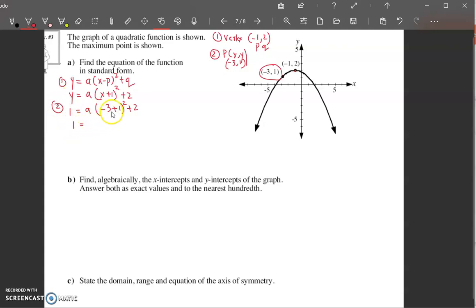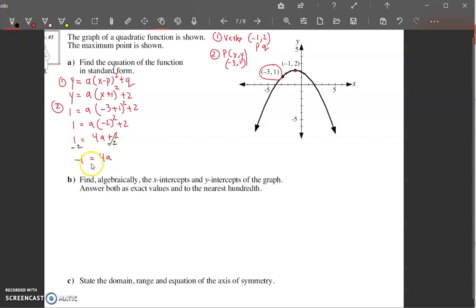So 1 is equal to a times negative 2 squared plus 2. And 1 is equal to 4a plus 2. Get rid of the 2 first, opposite of BEDMAS. And that gives me negative 1 is equal to 4a.